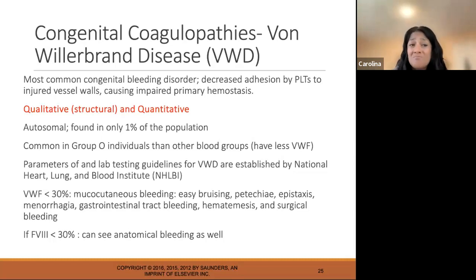Because remember, what's the major function of von Willebrand factor? It adheres to that injured collagen that gets exposed in the blood vessels. So if we don't have enough of it, or if we don't have high quality von Willebrand factor, the platelets cannot adhere. So this is an issue with primary hemostasis, okay? This disease is impairing primary hemostasis, okay?